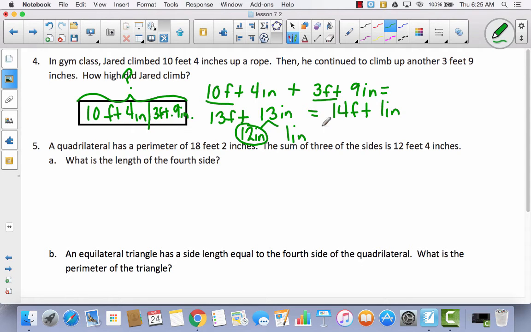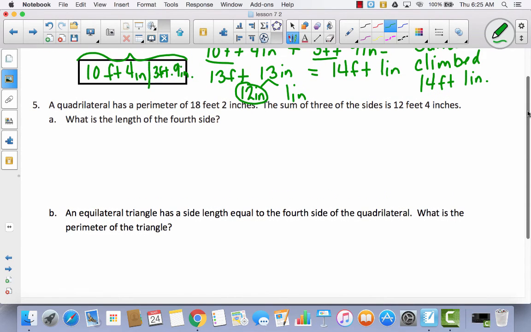So how high did Jared climb? So we can come over here and say Jared climbed 14 feet, 1 inch.